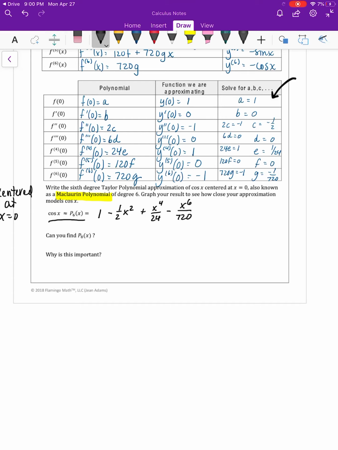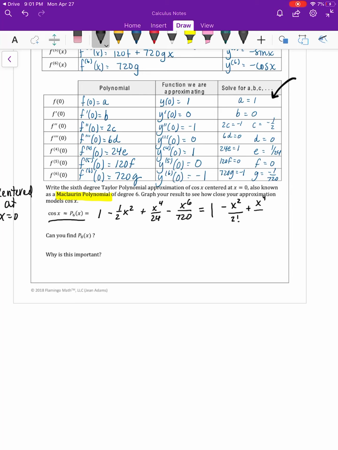So this is considered a 6th-degree Maclaurin polynomial that is equivalent to cosine for certain values of x, and we will look to see what that is. But first, I want you to notice what this is equivalent to. This is 1 minus x squared over 2 factorial, where 2 happens to be 2 factorial.